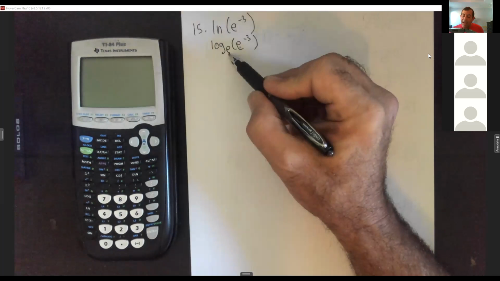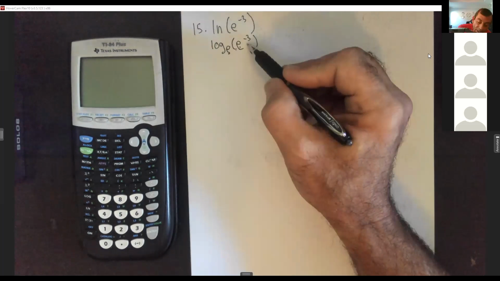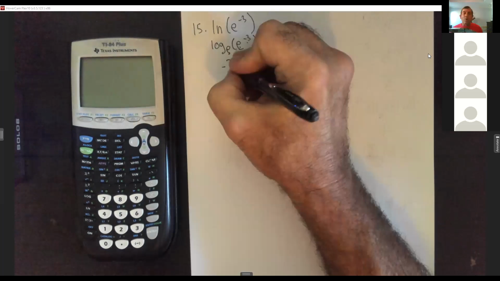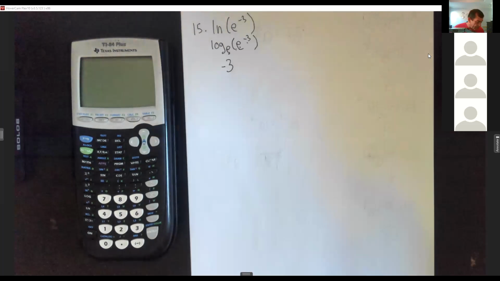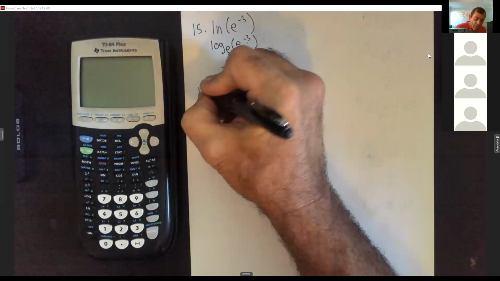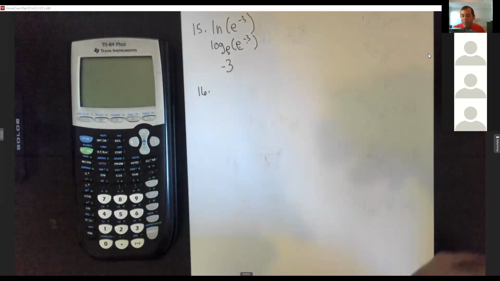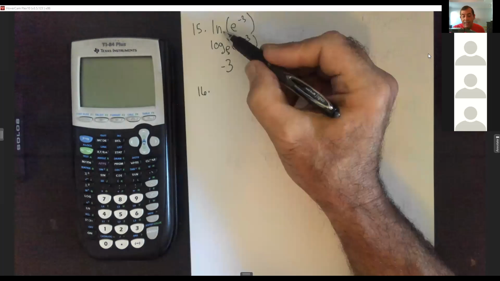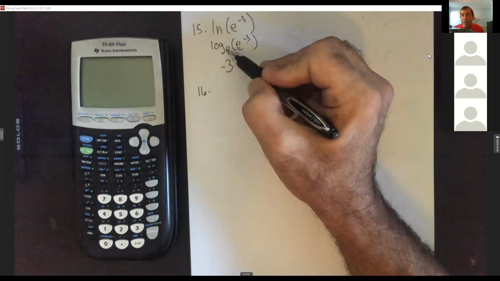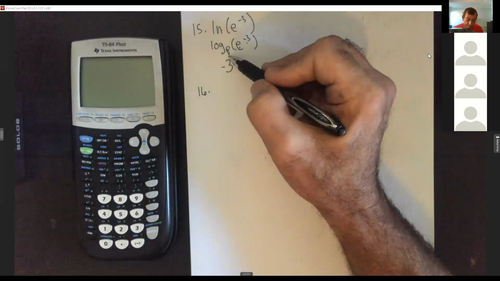Anytime that base matched, my answer was automatically that exponent of a -3. So I'll tell you what they're doing. They're going to play with the logs and the LNs and try to go back and forth, because they want y'all to get used to the fact that this LN is the natural log and it's a base E logarithm, okay?